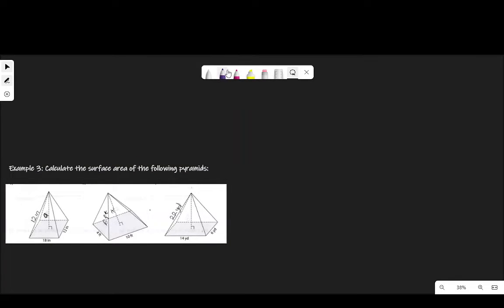Okay, so again, for this pyramid, the vertical height is not given, but we have the slant height. So how can we get the height of the triangular faces of the pyramid? First of all, we need to know the vertical height.